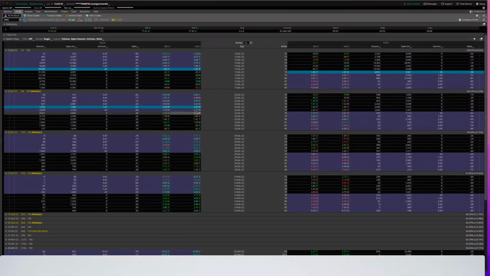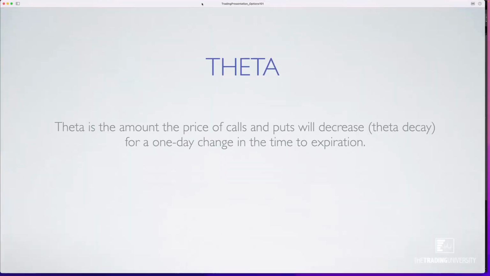So there's an implied volatility premium, there's a theta premium because you're buying options that are out many weeks. So that's why this decay really can be advantageous to the seller of the option. But right now we're talking buying options.